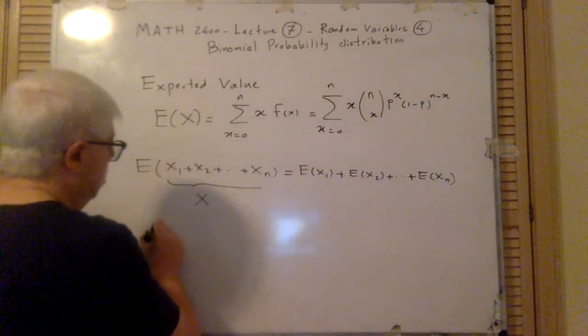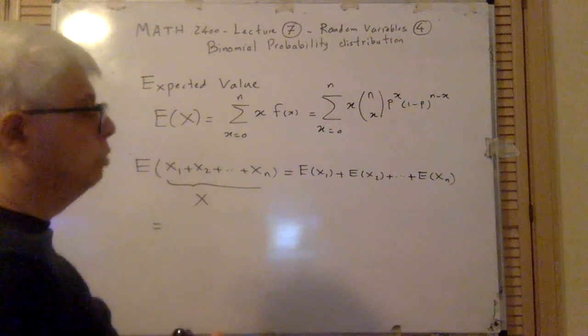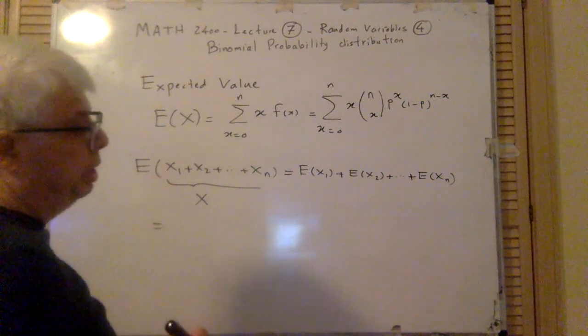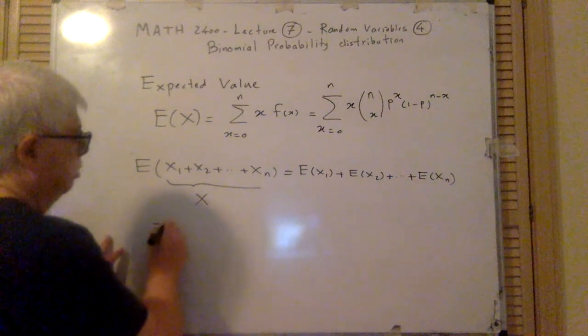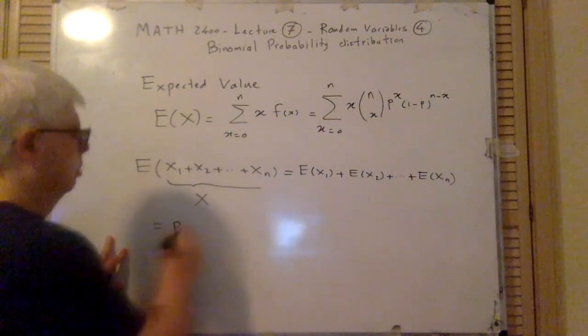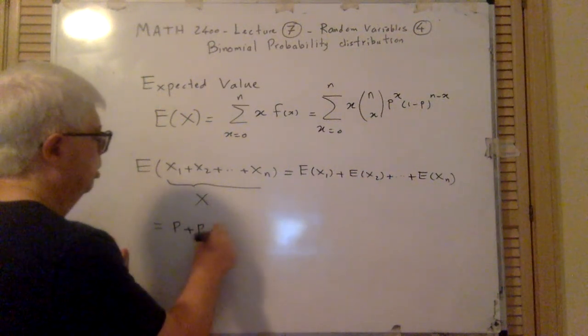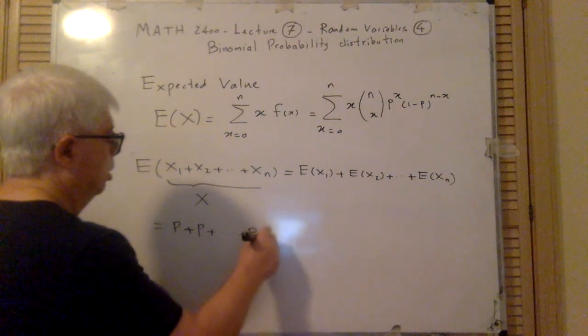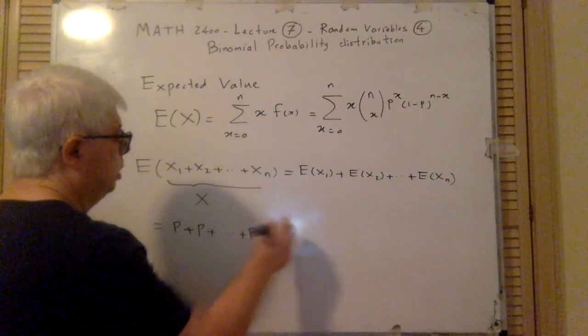And each one of them, remember, the expected value of a Bernoulli is p. So p plus p and so on, that is np.